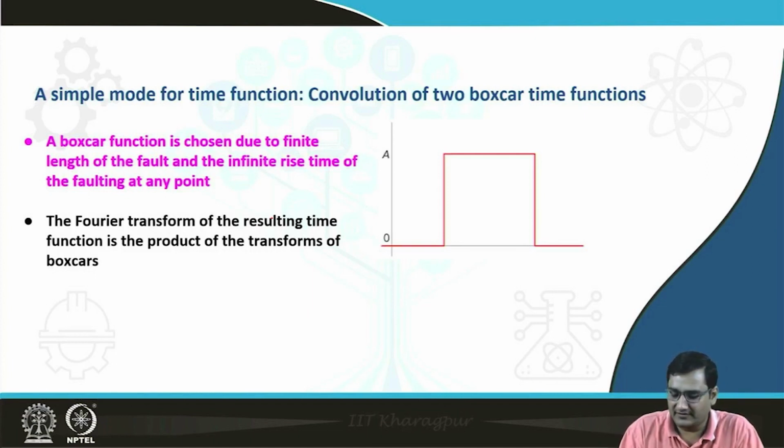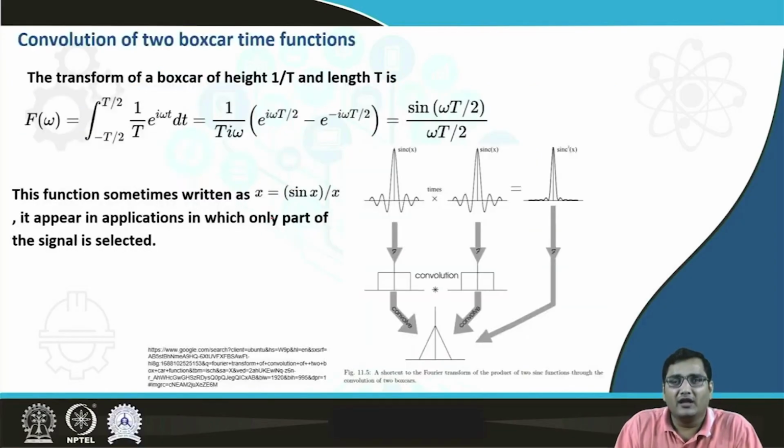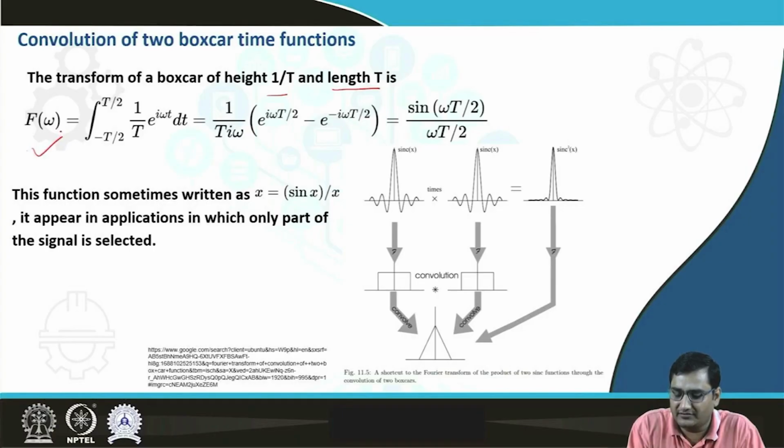This is what is represented here. The convolution in the time domain is a convolution, but in the frequency domain it is simply the multiplication of both functions. When you take the transform of the boxcar function of height 1 by T over a length capital T, this boxcar function transform becomes a sinc function, that is sine of omega T by 2 divided by omega T by 2.